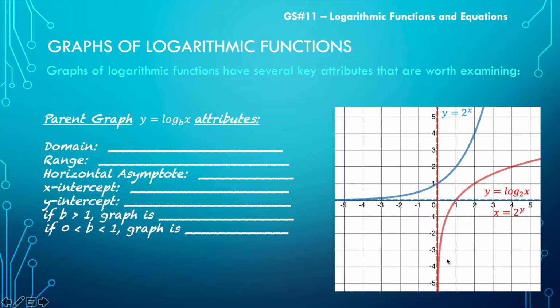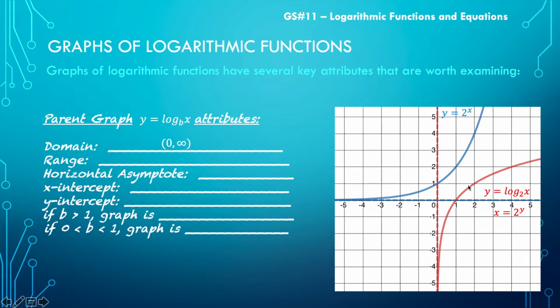So our domain here is going to be from 0 to infinity. You might remember that that is the range of this exponential function. You can see that this graph does not extend below the x-axis, it just goes up from there.